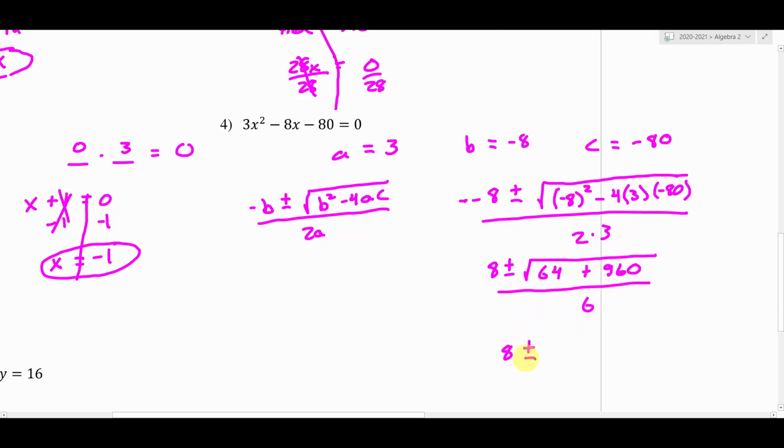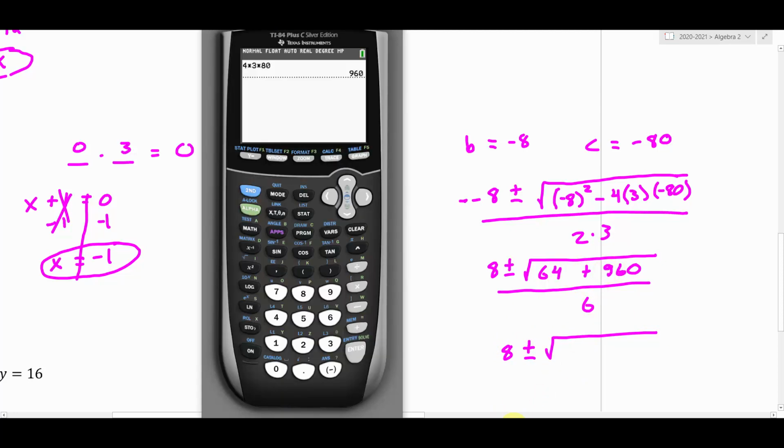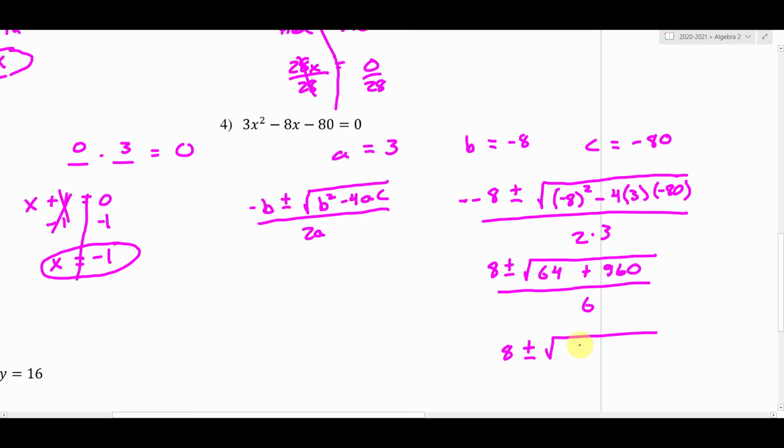Okay, continuing on. 8 plus or minus the square root. I want to do 64 plus 960. I get 1024 in my square root, all over 6.